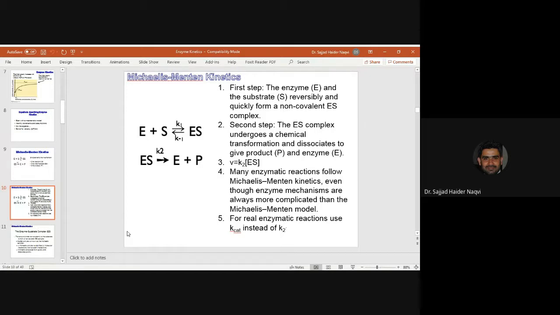For real enzymatic reactions, we use Kcat instead of K2. So remember, cat stands for catalysis. Kcat is actually K2 according to this equation, and wherever you see Kcat, that means you're talking about K2. And obviously, this is the real enzymatic reaction because here you are getting the product. K1 and K minus 1 are not directly affecting the product formation.